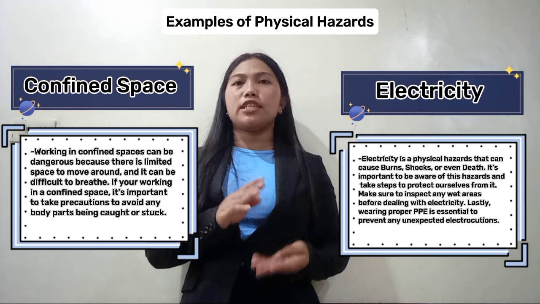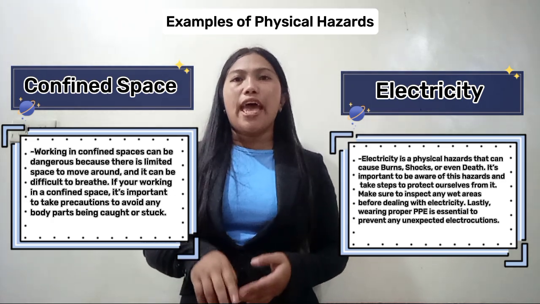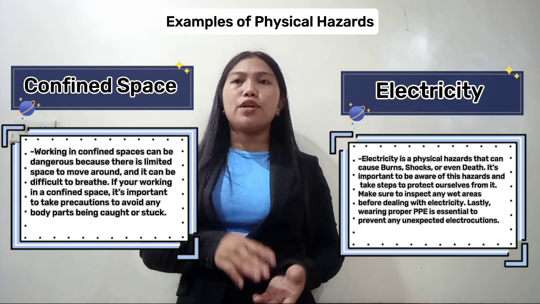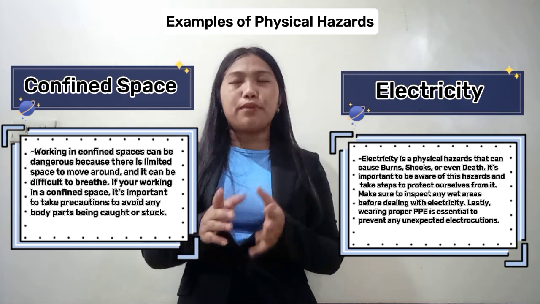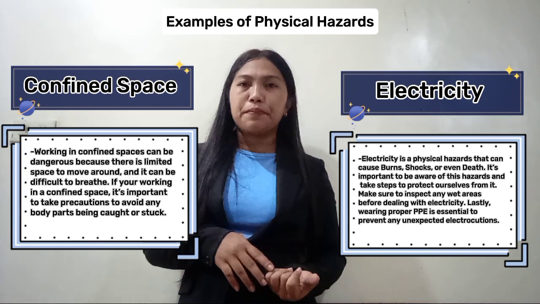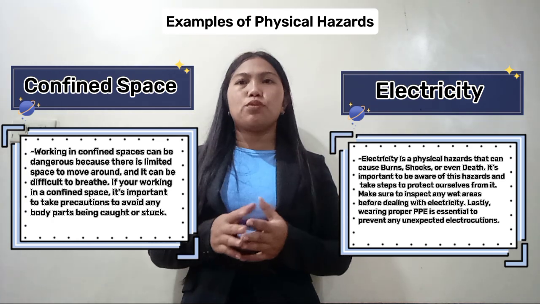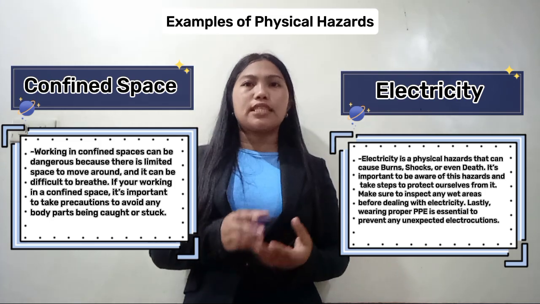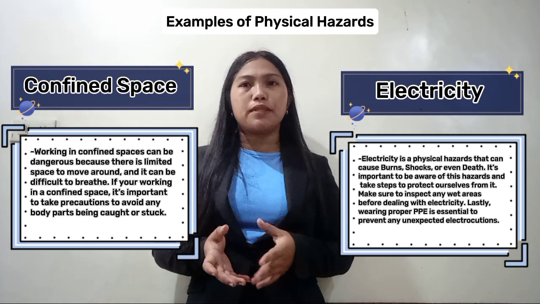And fourth is electricity. Electricity is a physical hazard that can cause burns, shocks, or even death. It's important to be aware of this hazard and take steps to protect ourselves from it.